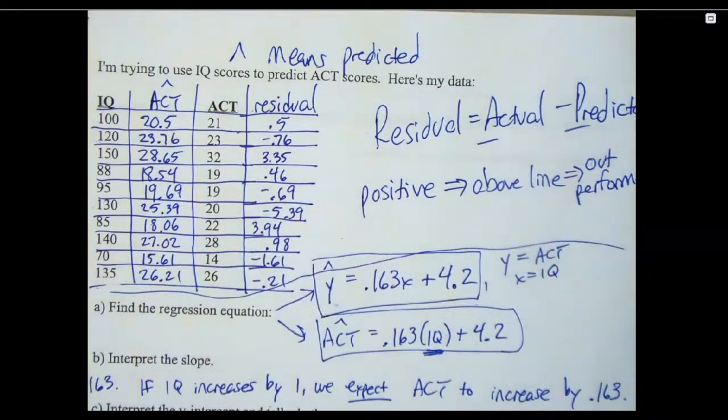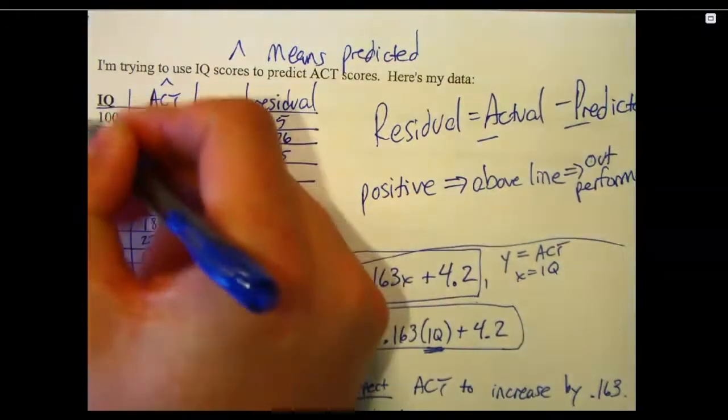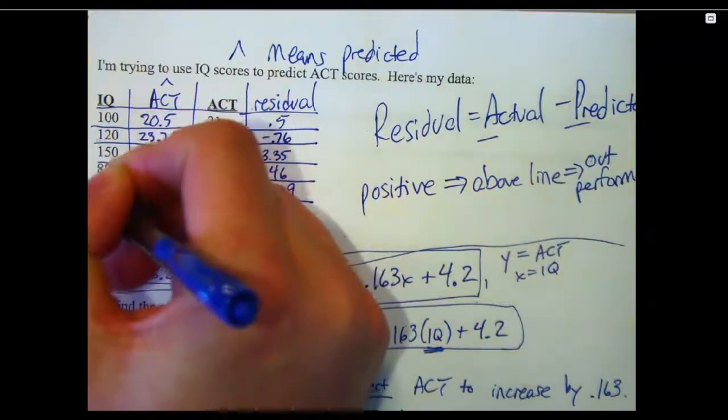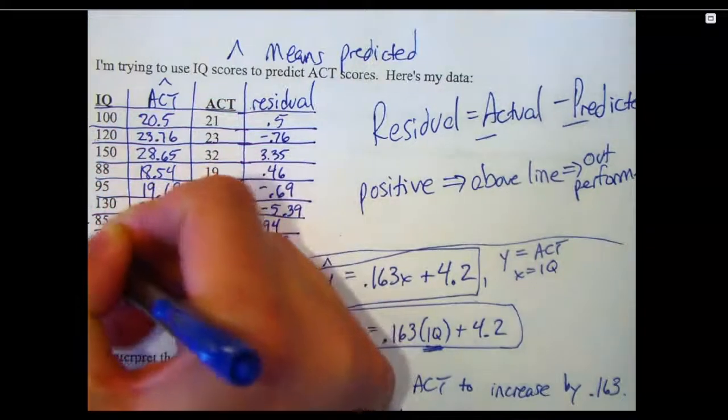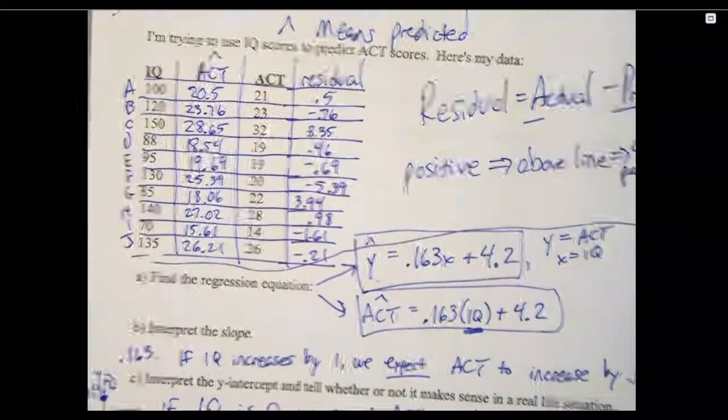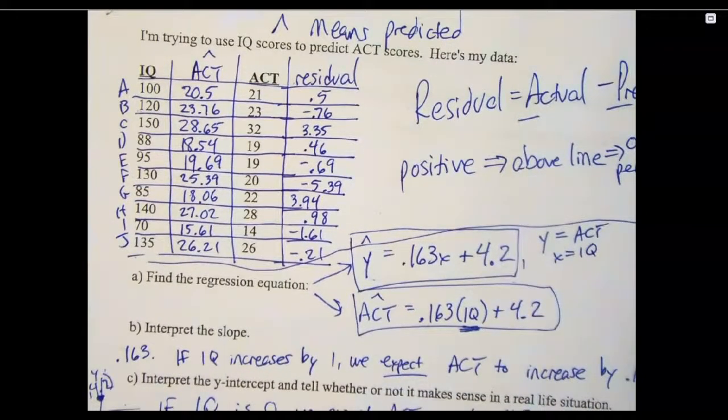Let's say I label these people A, B, C, D, E, F, G, H. Which person outperformed their expected score by the most? G did, because they have the largest positive number. Who underperformed the most?